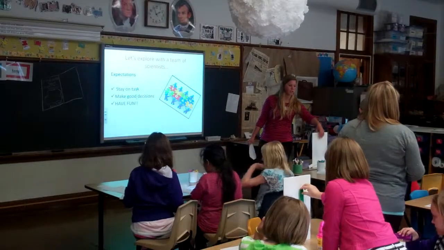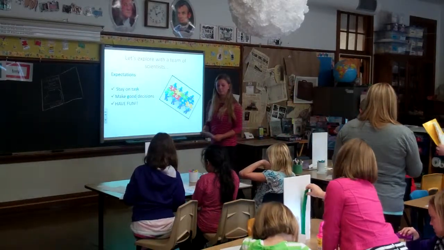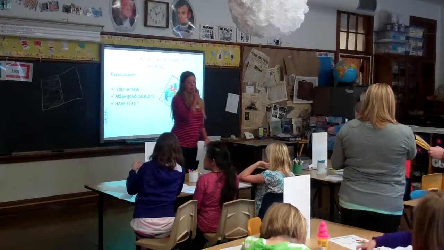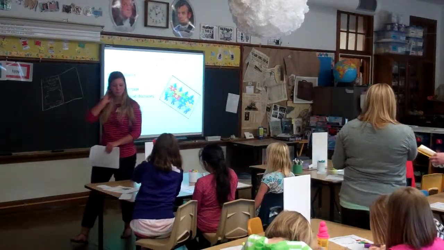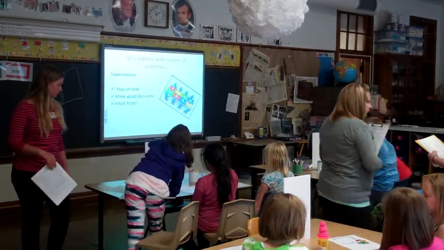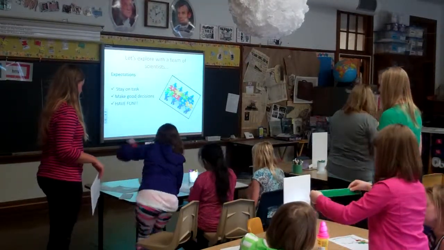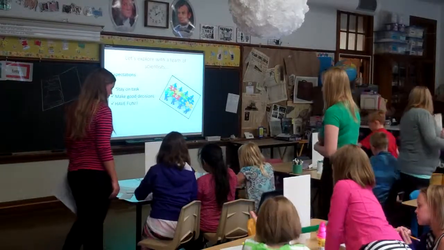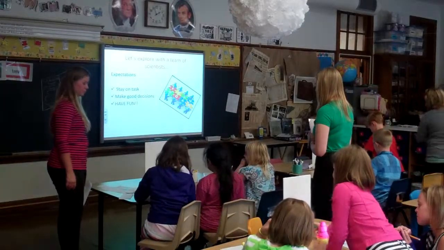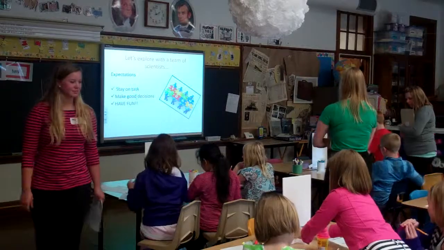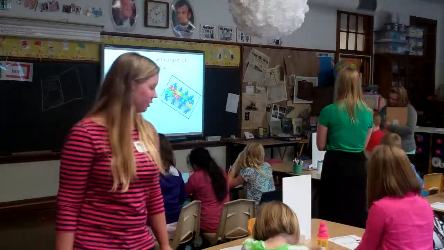So if it doesn't cast a shadow right there on the board, okay? It's like 7.5. No, I think it's 7.